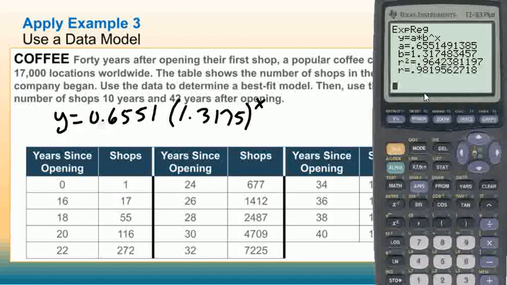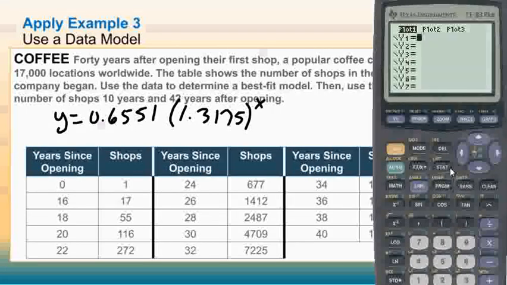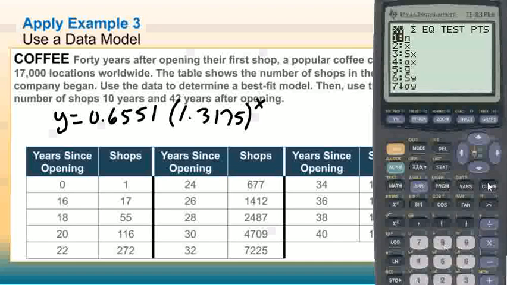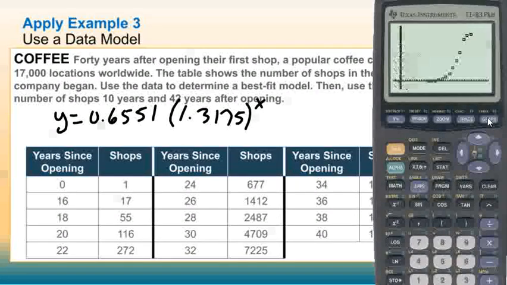So if we're going to use that, let me go to my y equals, we'll hit vars, number 5, statistics, go to EQ, number 1, put that in there, hit graph. Okay, so it doesn't quite look as accurate, but that's fine.